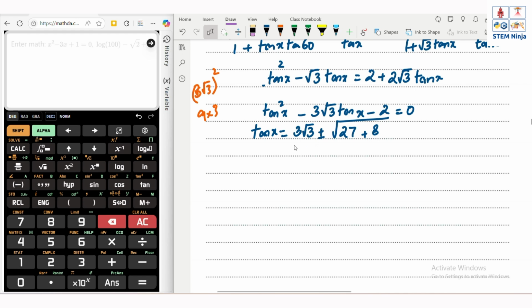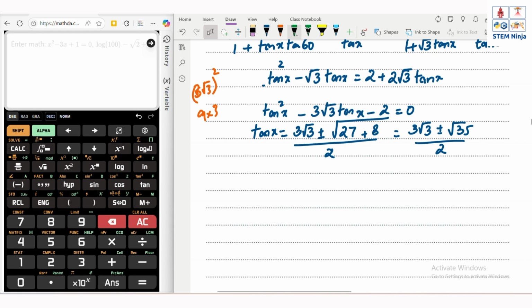The minus minus becomes plus, divided by 2. So 3 root 3 plus minus root 35, divided by 2.